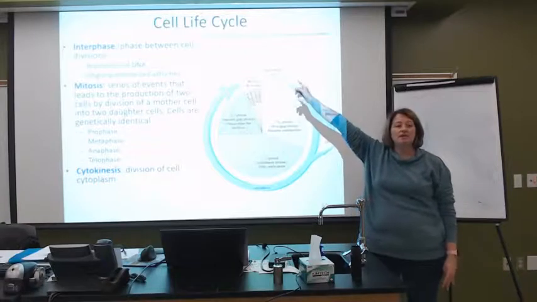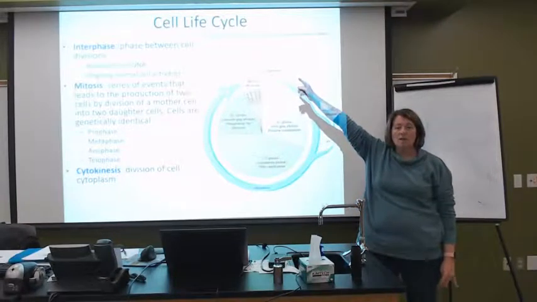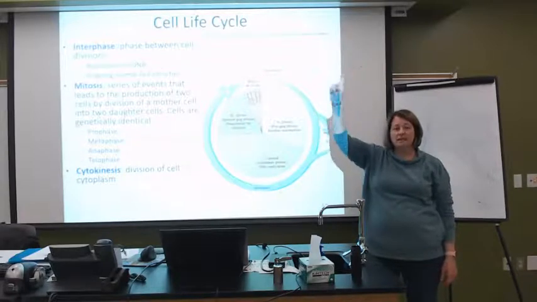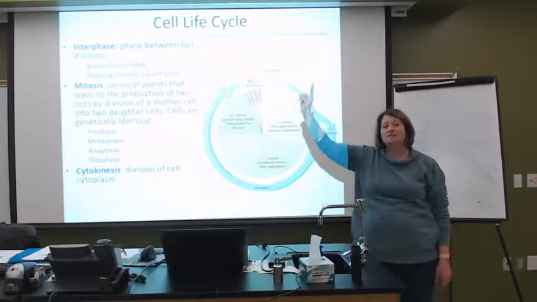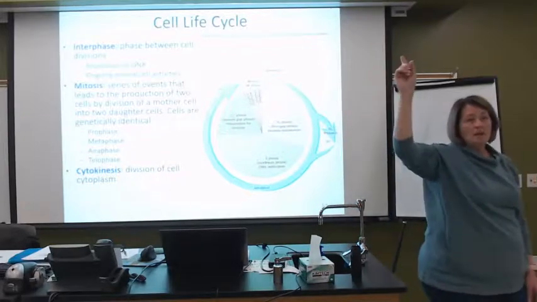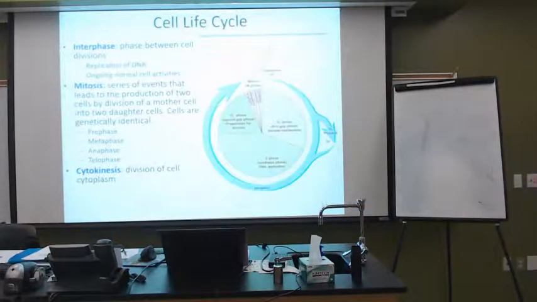During interphase, this is the time the cell is doing its job. All right? So, this means whatever product that cell is supposed to be making, this is the time that it does it.